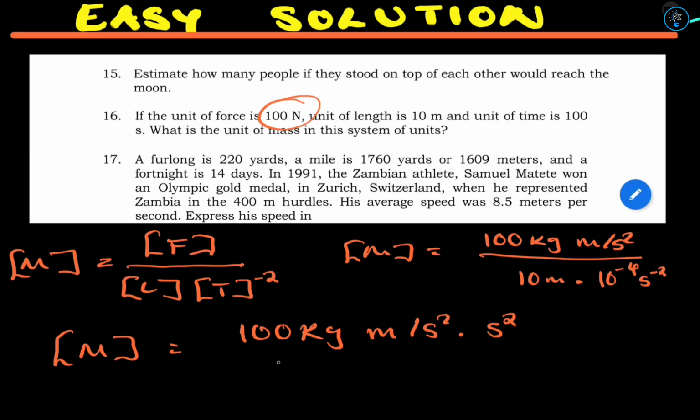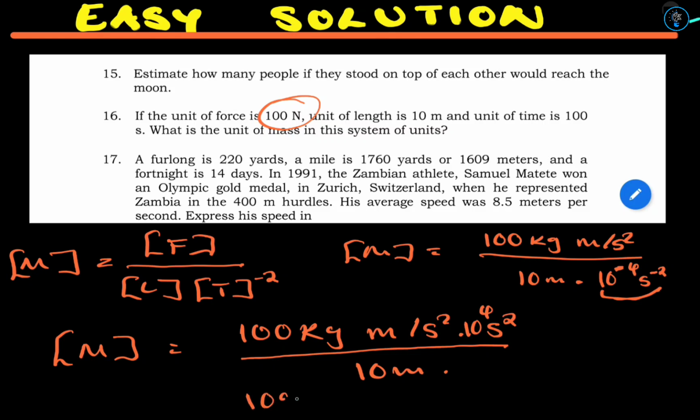Then the bottom part: this 10 to the power negative 4 goes on top because we have a negative, so it will be 10 to the power 4. On the bottom, we're going to have 10 meters. Now just punch that into your calculator: 100 times 10 to the power 4, divided by 10.